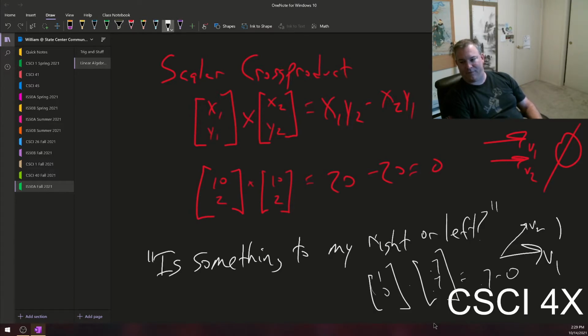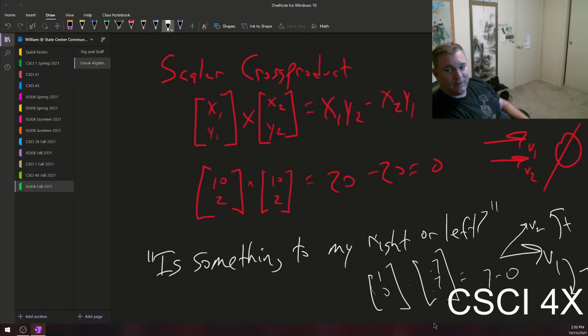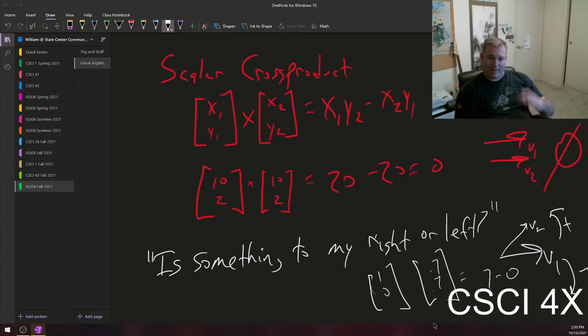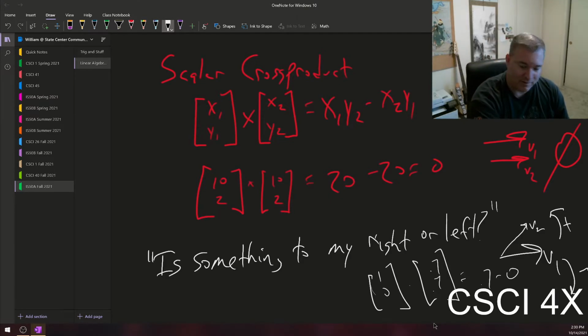Yeah, so to the left is positive, and to the right is negative. So we'll get a positive number if the thing you're looking at is to your left. You'll get a negative number if the thing you're looking at is to your right. And it just depends which one is V1 and which one is V2. If you switch which one is U and which one's the displacement vector to your target, then obviously the signs will flip, so you shouldn't read too much into it.